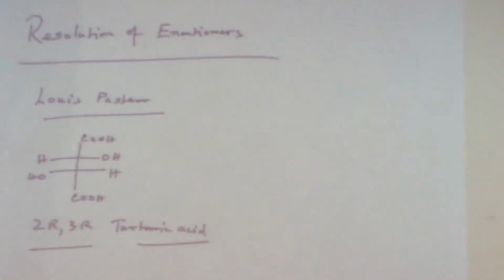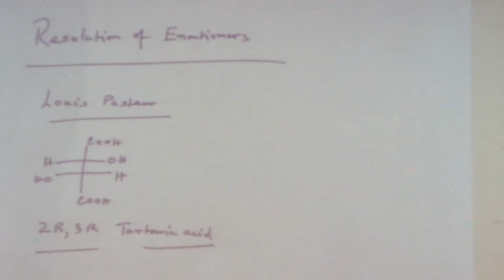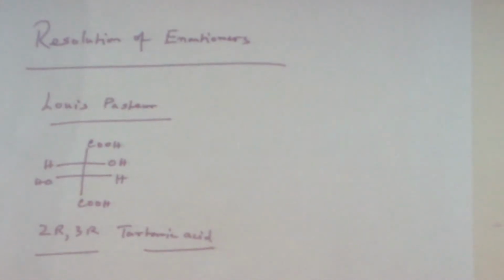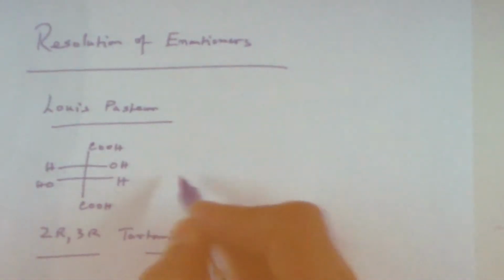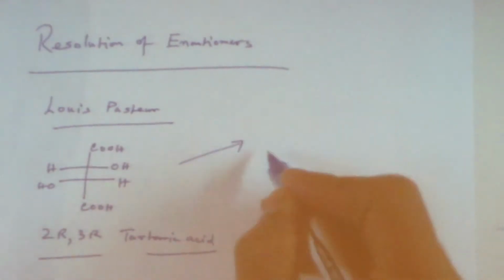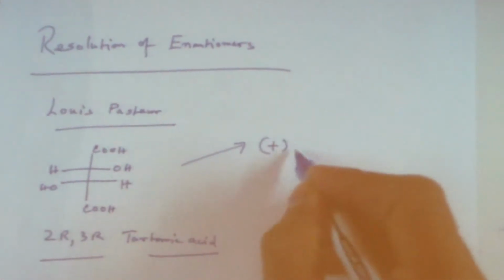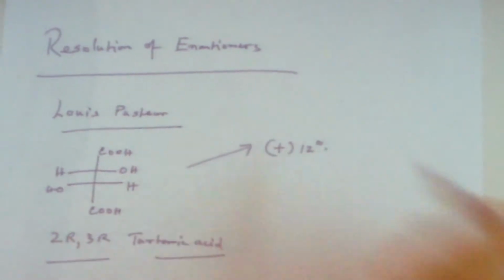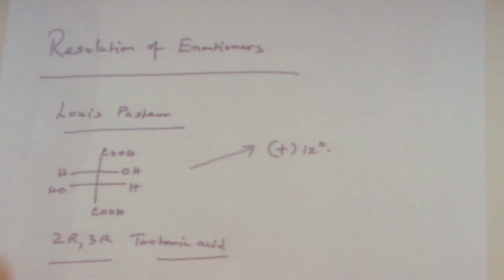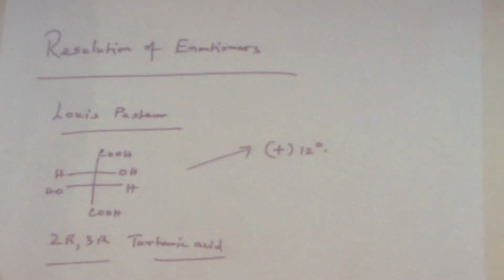Into two different containers. He found that one, which is the 2R,3R, gives you a rotation of plus 12 degrees. So this is a dextrorotatory isomer.